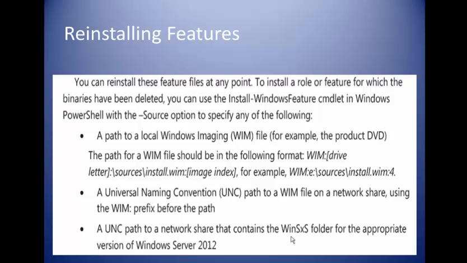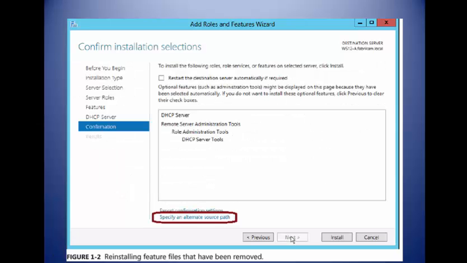There's another option for reinstalling the feature. And this option is simply to go to Manage on your server dashboard, click on Add Roles and Features, and follow the wizard. The screens you will get are Before You Begin, Installation Type, Server Selection, Server Roles, Features, DHCP Server.